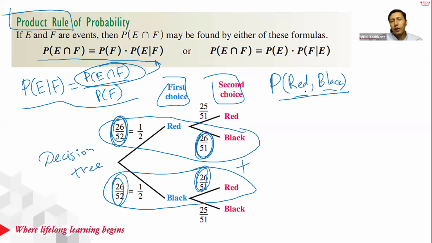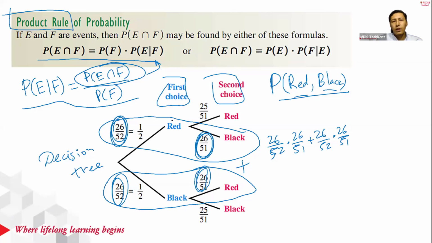If you pick two cards, the probability of choosing red and black is equal to 26/52 times 26/51 plus 26/52 times 26/51. If they say we pick two cards, what is the probability of choosing first red, second black, then it will be only this part.